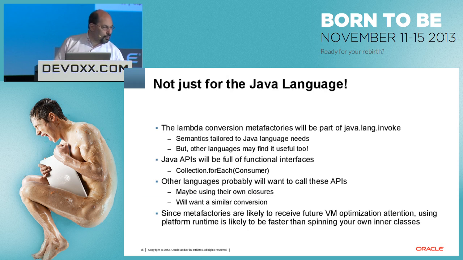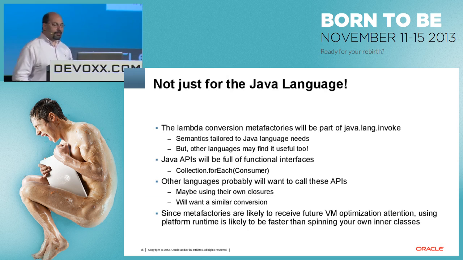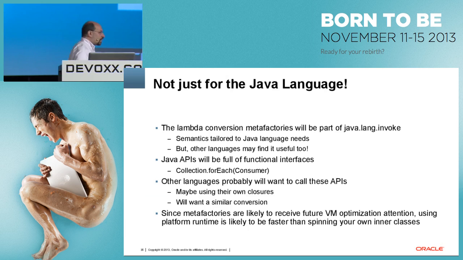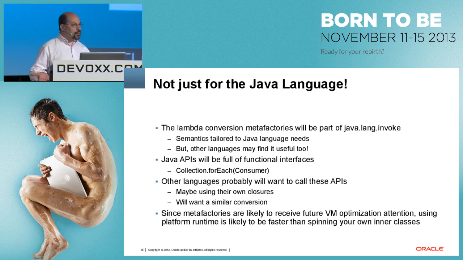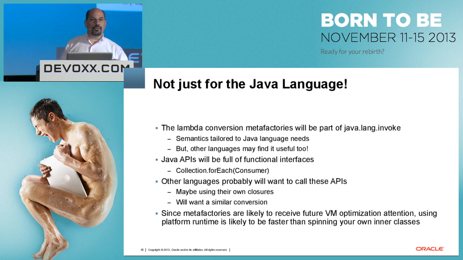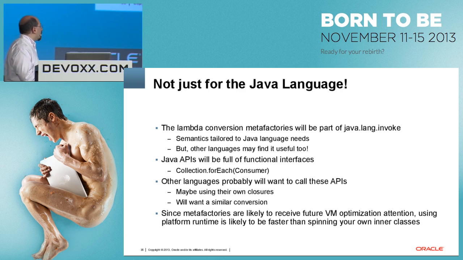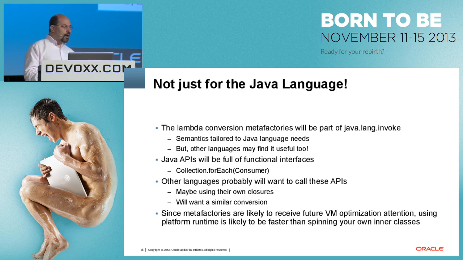Okay, so another cool thing about this approach is we designed this mechanism, this language logic for lambda conversion, for the needs of Java, but it actually may work very well for other compilers as well. All of the code for this is public. It's in the JDK, in the java.lang.invoke package. So compilers for, say, Groovy might decide to use this mechanism as well to represent closure-like entities.